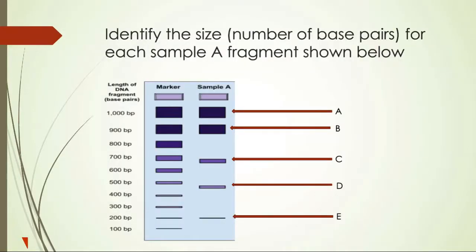So what I'd like you to do is type in the chat what you think the size, the number of base pairs, is for fragment E. What size do you think fragment E is at? How many base pairs? Oh, you guys are on fire. Well done. 200 base pairs.